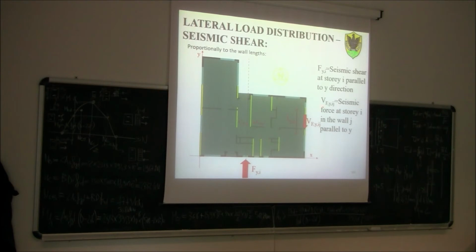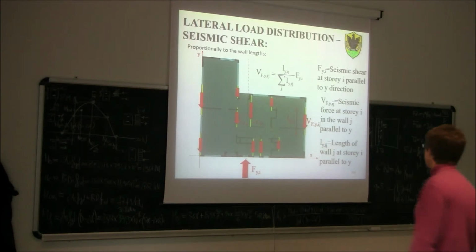So if this wall has a length LYIJ, we can say, okay, VFYIJ, so the seismic force, the shear force here, will be FYI, the total force, multiplied by the ratio between the length of the wall and the summation of the length of the whole structural walls. Okay? So as you can see, the criteria is quite a simple criteria. It's a very simplified criteria.